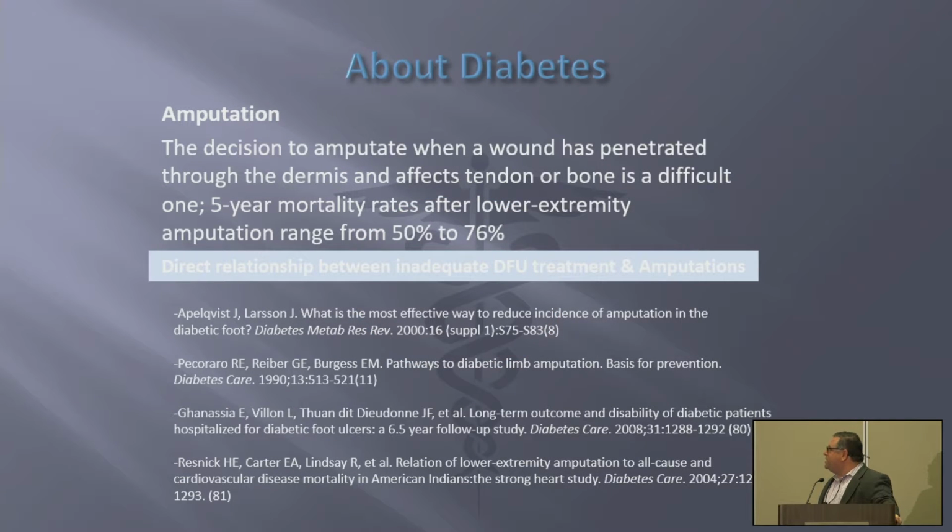And there are all sorts of publications out there about 5-year mortality after a lower extremity amputation, several different publications, and we can go through these one by one, but they all say the same thing: 5-year mortality is greatly reduced, not only when there is a lower extremity amputation, but just a lower extremity ulceration.